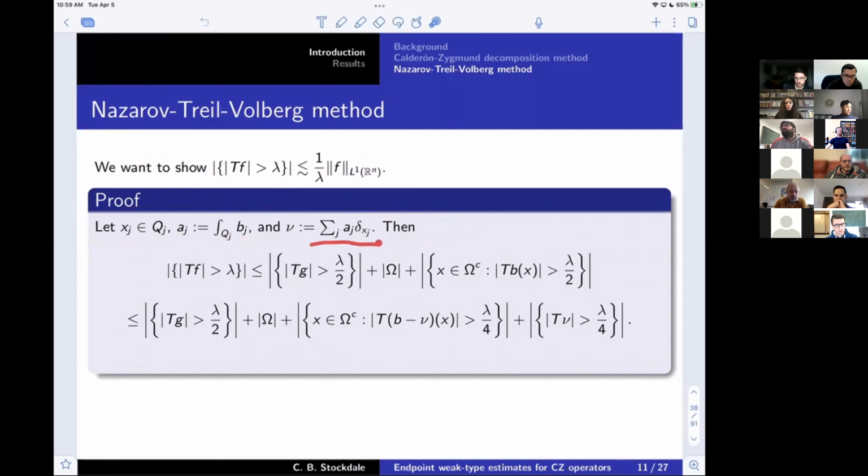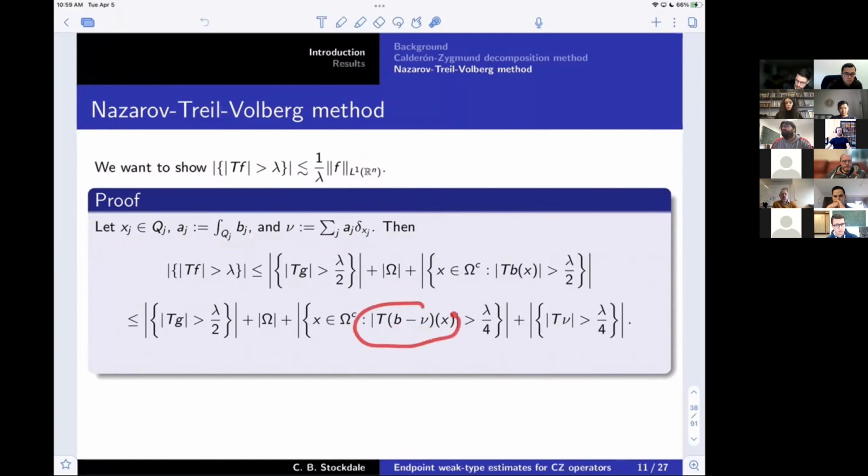So this is a measure, a sum of point masses, where the location is going to be, say, the center of the Qjs, and the weighting of each of these point masses is going to be given by the integral of bj. So what we're going to do is add and subtract and apply essentially the triangle inequality to look at b minus nu, and then study T applied to this linear combination of Dirac masses separately.